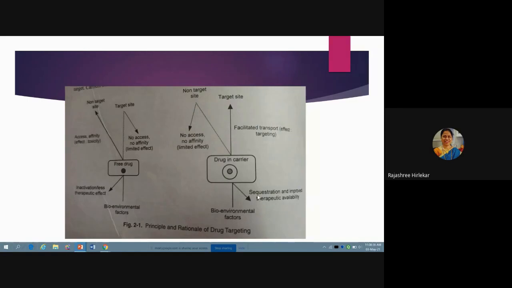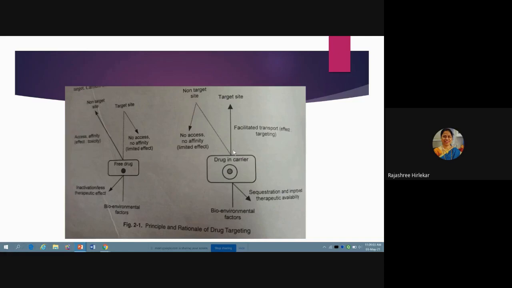Because of the enteric coating, it is protected from the bioenvironmental factors, so there is sequestering of the drug and therefore an improved therapeutic availability. After it reaches the blood, and even with protection from the hepatic metabolism, now it will go to the target site.